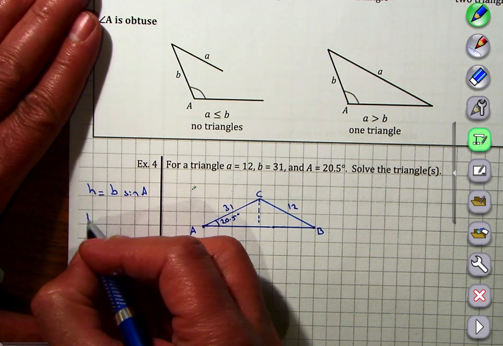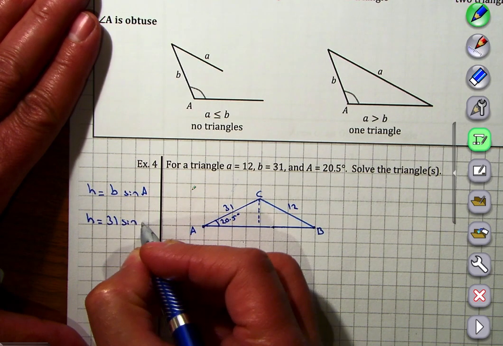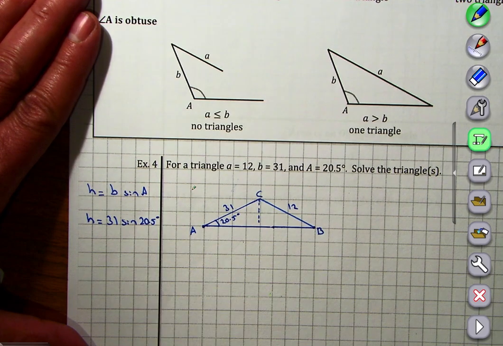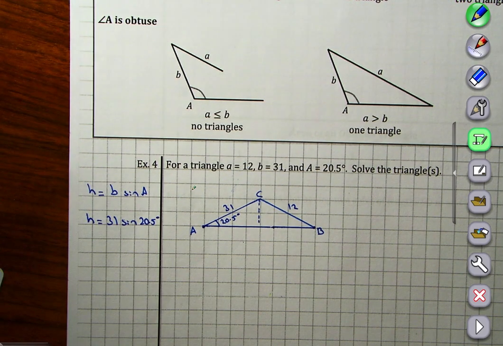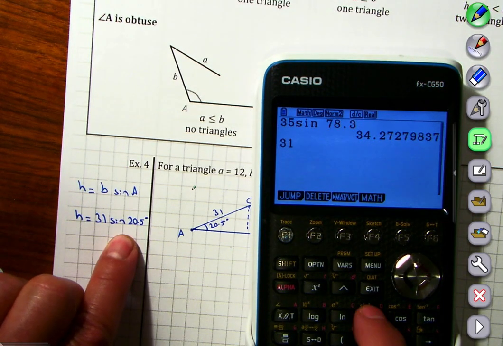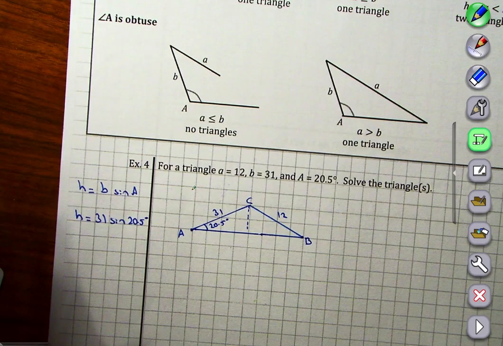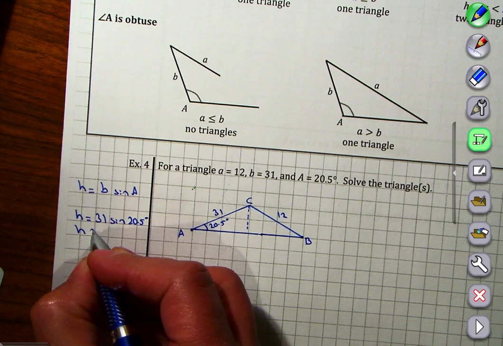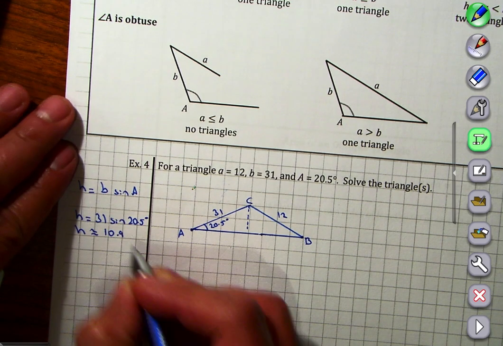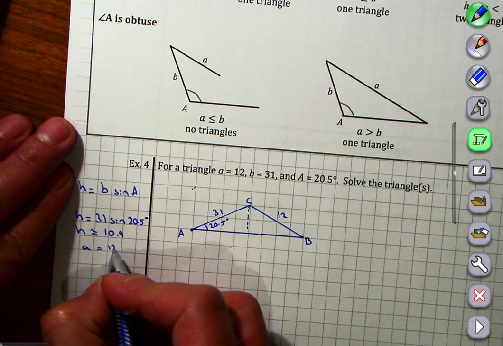So we have H is equal to 31 times the sine of 20.5 degrees. I'm going to use my calculator just to be able to calculate this. So 31 sine of 20.5, so it'll be 10.9. So H is approximately 10.9. We know the side A is 12.